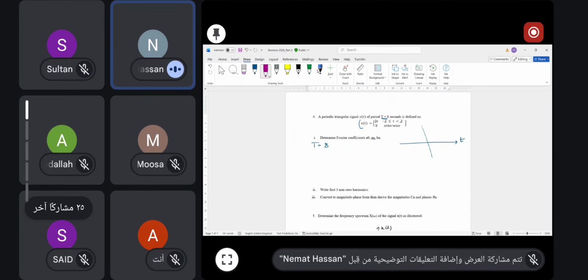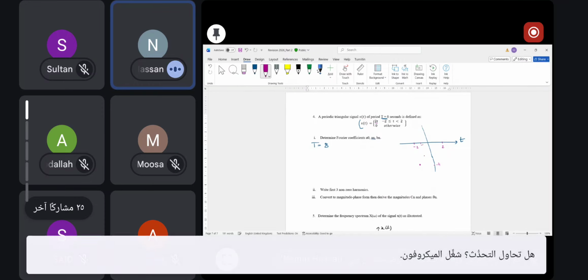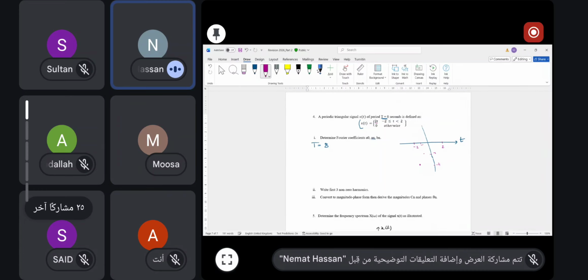Between -2 and 2, so let's say this is -2, this is 2. x of t is equal to 2t. So at -2 it's equal to what? -4. Which is somewhere here. At -1 it will be equal to -2.